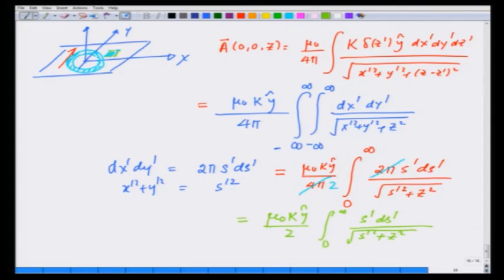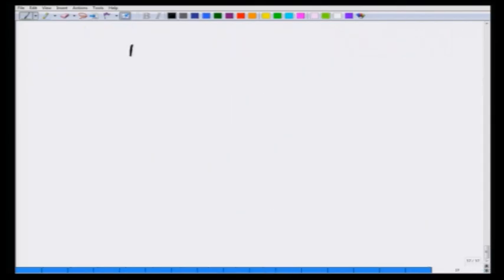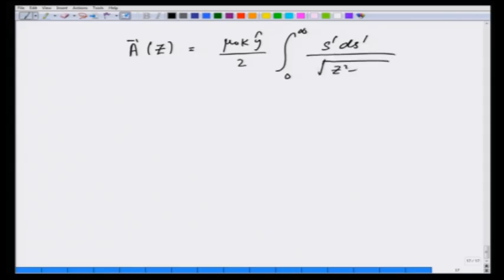Let us do that. So, we have gotten A at any point, but it depends only on z, x and y do not matter, equal to mu naught k in the y direction over 2 integral 0 to infinity s prime ds prime over the square root of z square plus s prime square. Let us take z square plus s prime square to be some y square, so that y dy is equal to s prime ds prime.